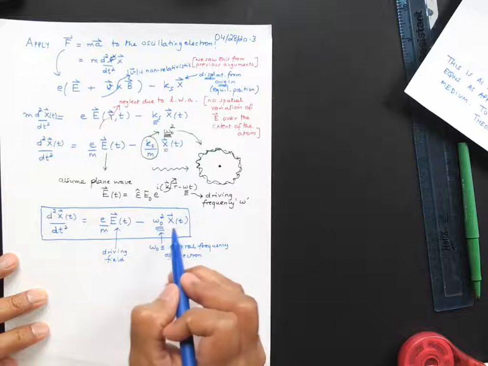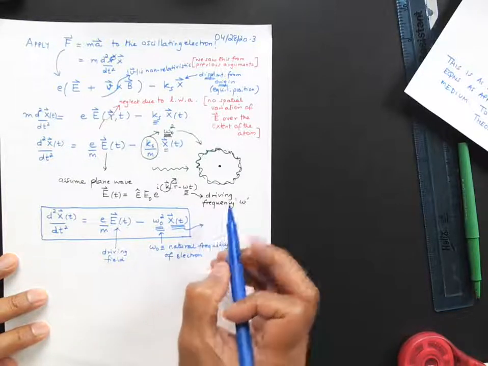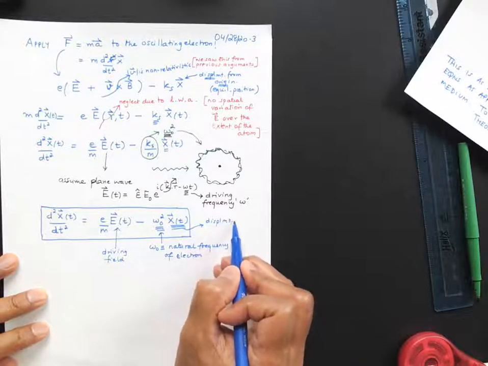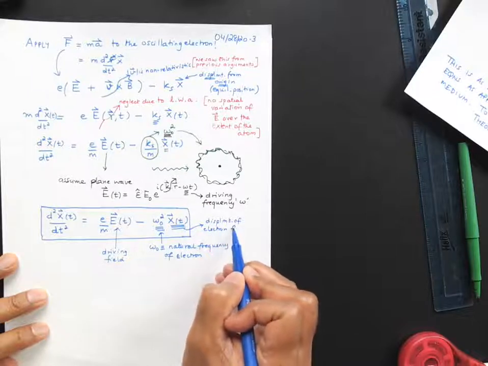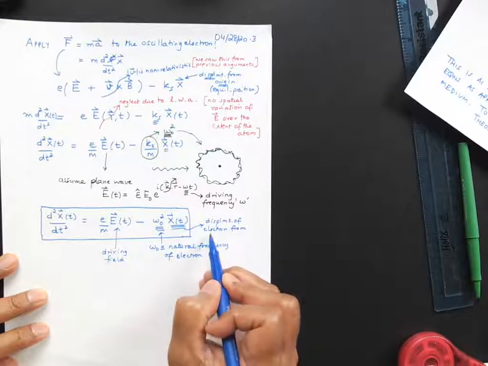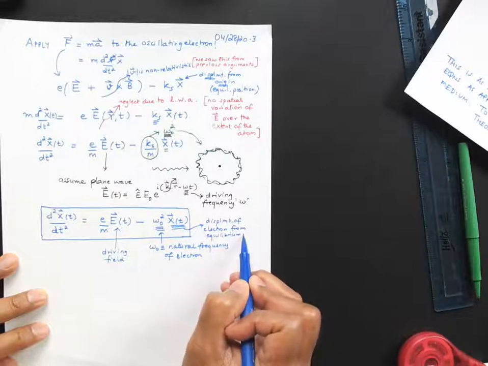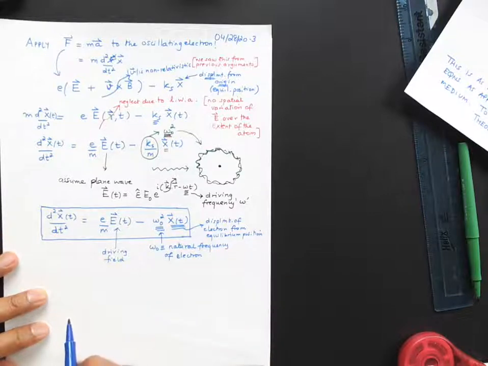Okay, and this thing here is the displacement of the electron from the equilibrium position, which is assumed to be the origin.